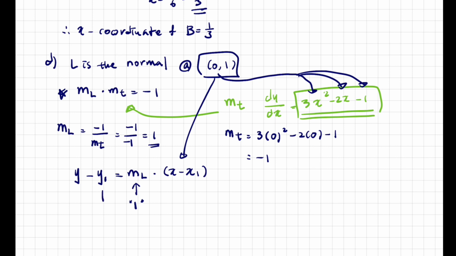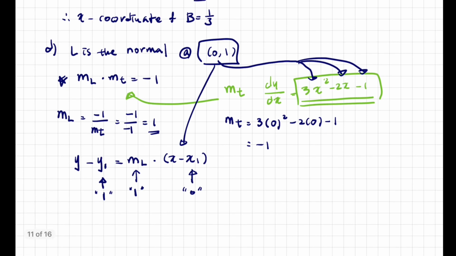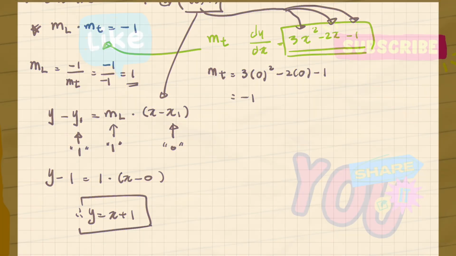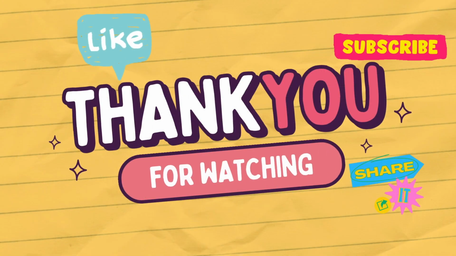So we substitute 1 here, right? And the 0 here. Then we get y minus 1 equals 1 times x minus 0. Okay, then we can say that the equation of L is y equals x plus 1. So we got our final answer.